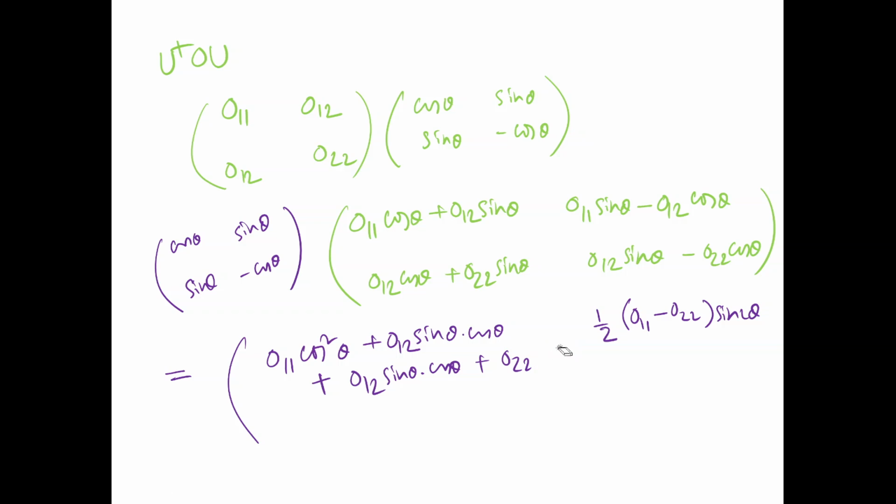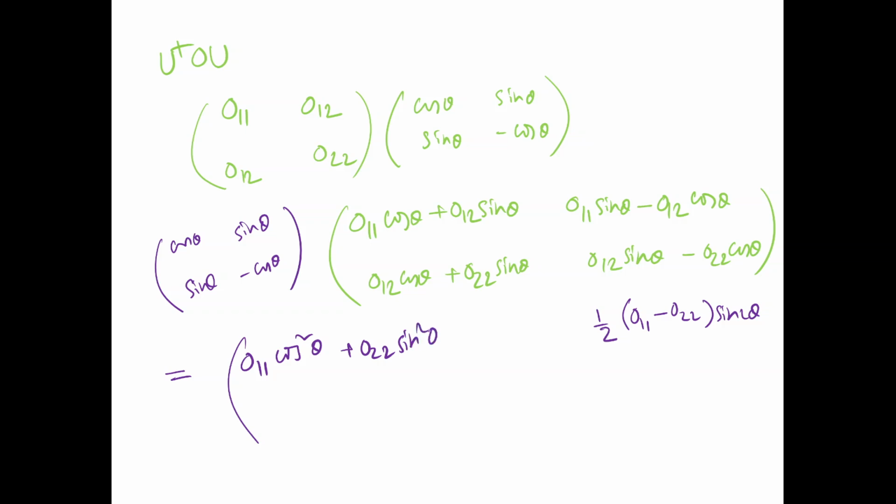So I'll just write down the final form. Otherwise, everything was correct. It's taking some time. So I'll just write the final result, that is O11 cos square theta plus O22 sin square theta plus O12 sin 2 theta.